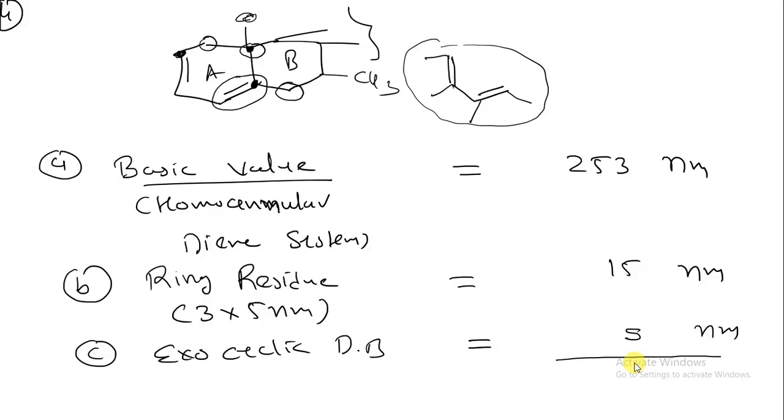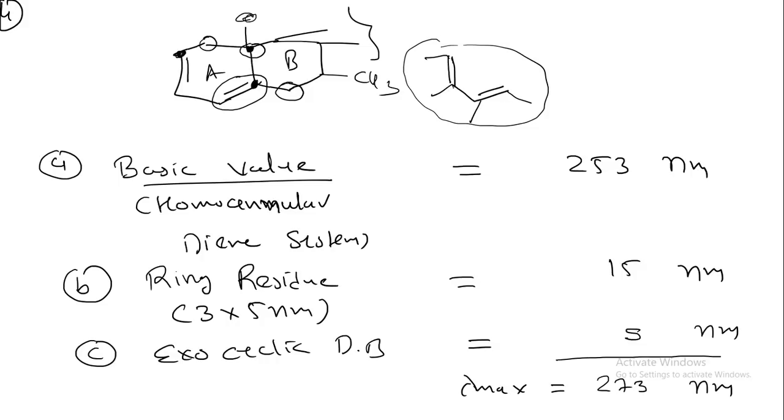There is 15 plus 5, that is 20, plus 253, that is 273 nanometer. This is our lambda maximum. So lambda maximum for this compound is 273 nanometer. Okay, I hope you got my point.